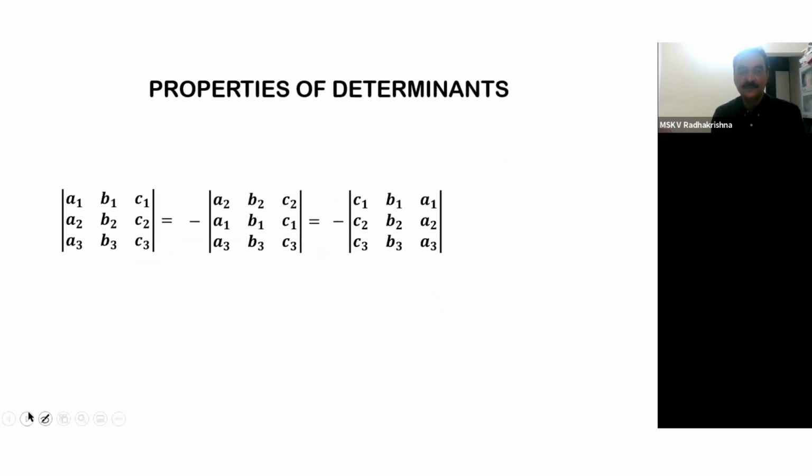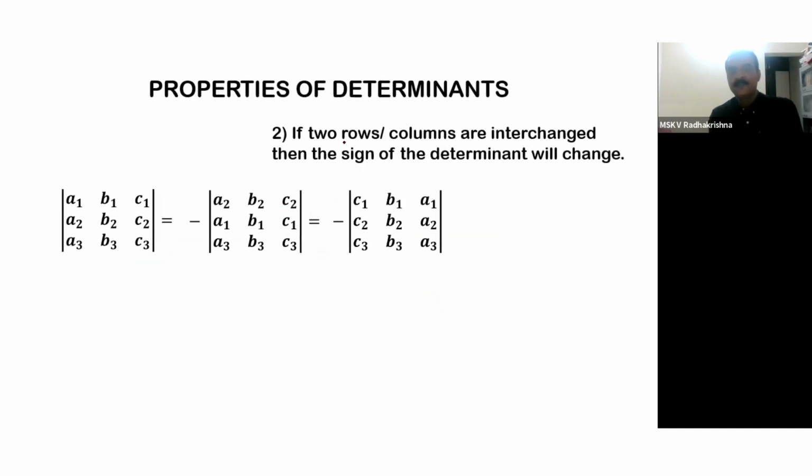Next property. If two rows or columns are interchanged, then the sign of the determinant will change. You take a determinant like this. Interchange any two rows or any two columns as you wish. See here, what I have done, I have interchanged first and second rows.